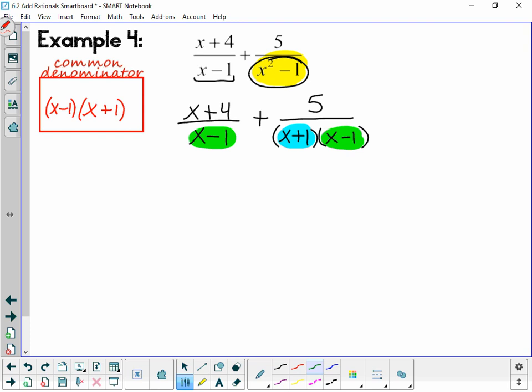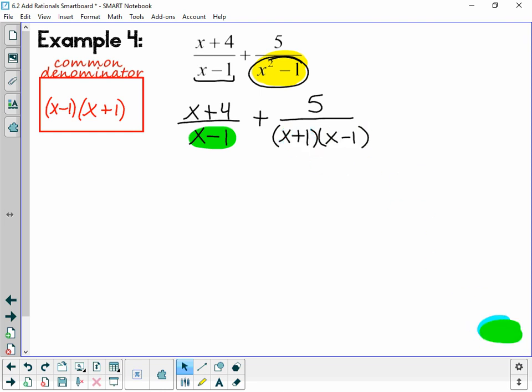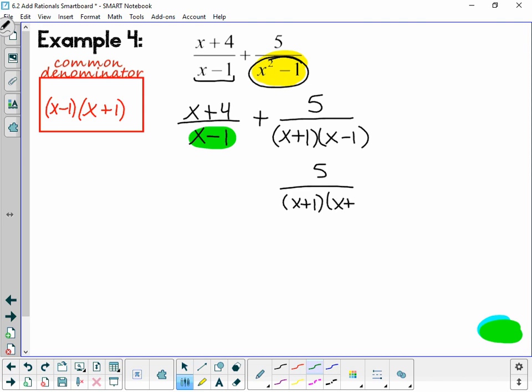Well, the second fraction already has both parts. So we don't need to adjust it at all. It can stay just the way it is. It already has the common denominator that we wanted it to have. But we do need to modify this first fraction.